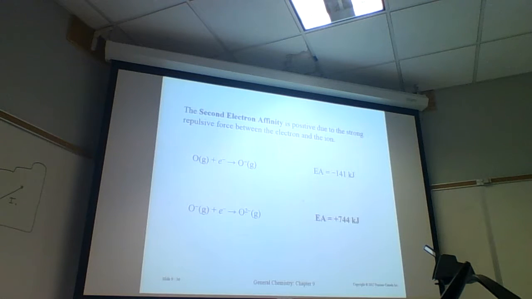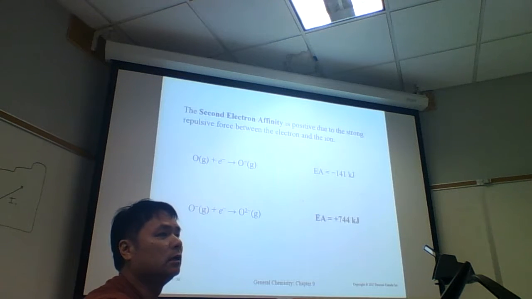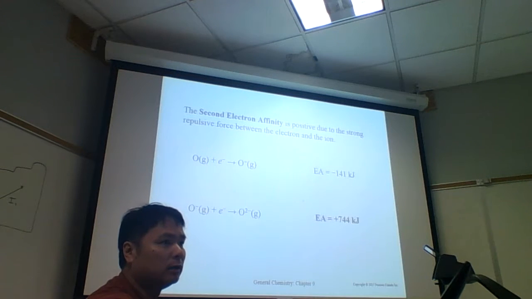About 2791 kilojoules. And so why bother? It costs a lot of energy. The reason is this: even though it costs a lot of energy, you get a lot of energy in return from the bonds.